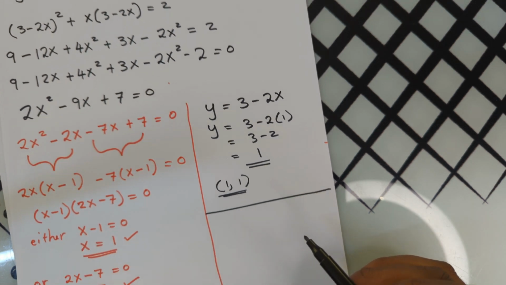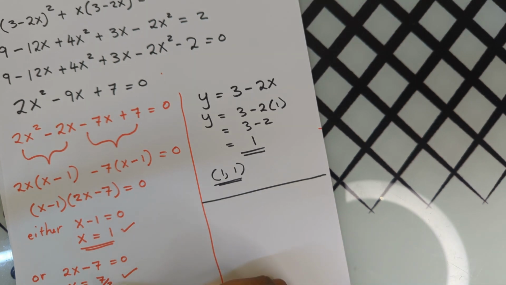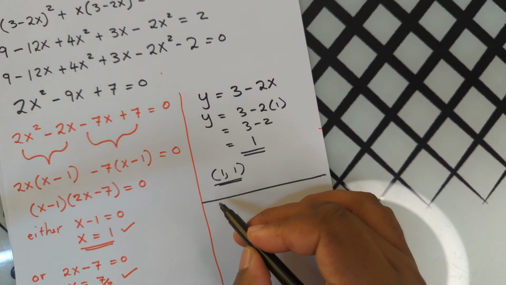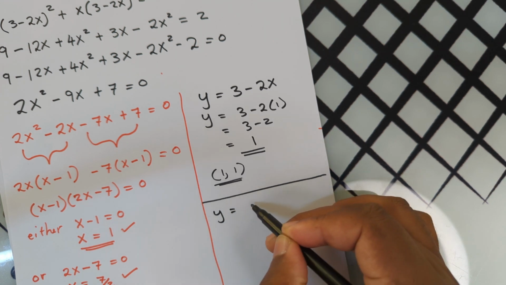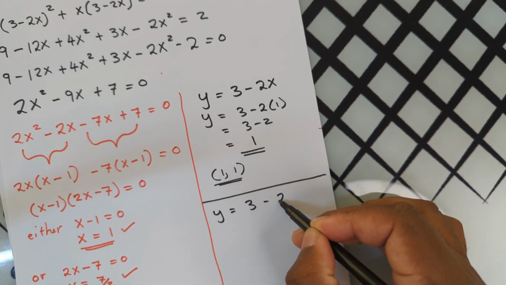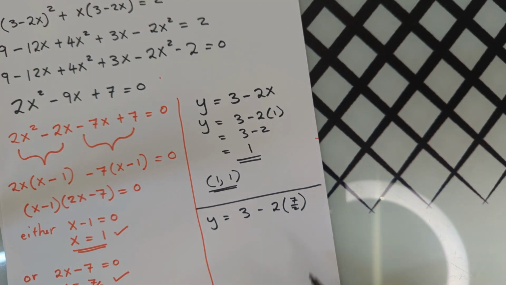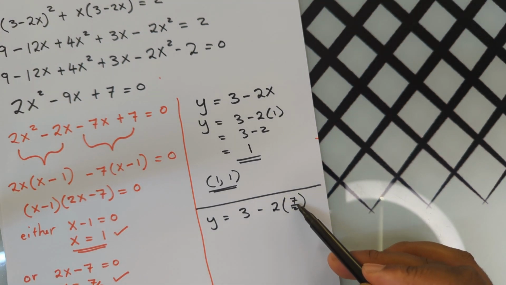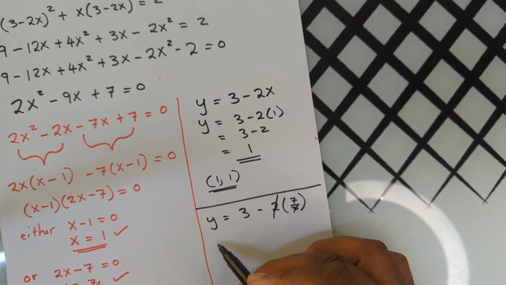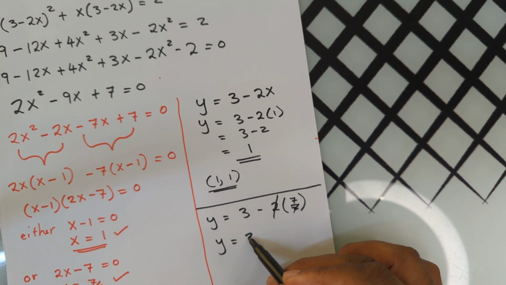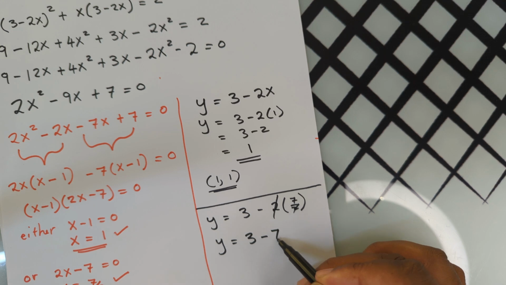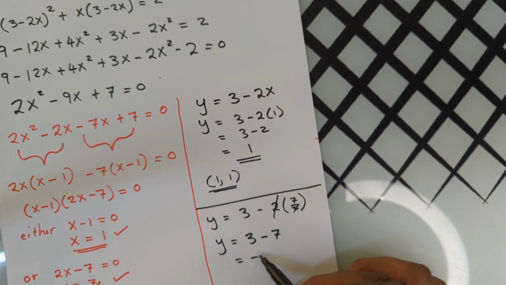And the second one, let's replace x with 7 over 2. So we are going to have y is equal to 3 minus 2 multiplied by 7 over 2. And these 2 will cancel with these 2. We are going to have y being equal to 3 minus 7, giving us y is equal to negative 4.